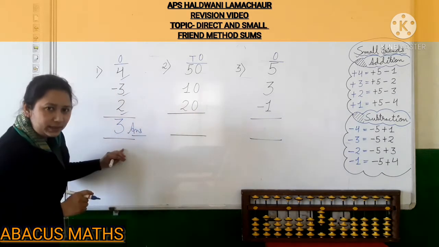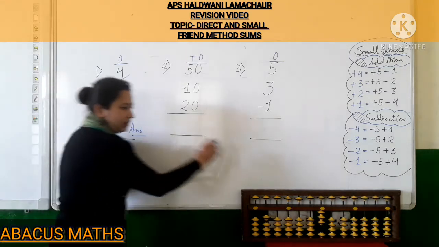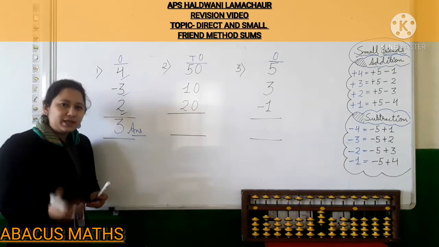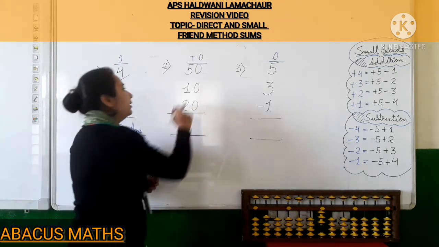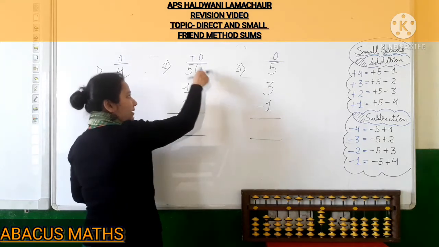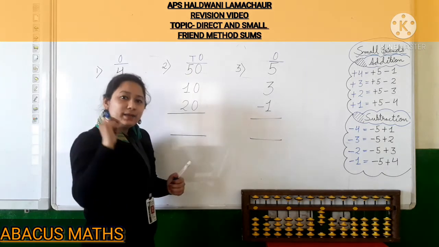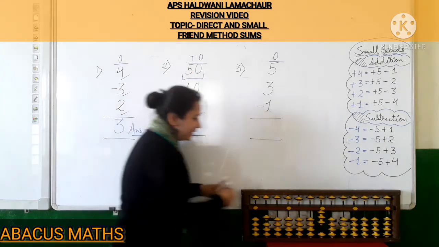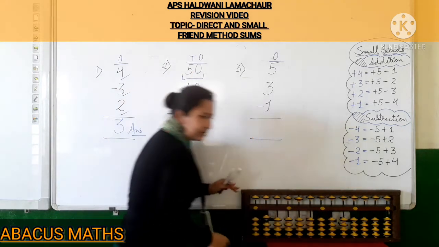See, for solving this in the exam you can use the tool and you can use your own method also for addition and subtraction. Now next, it is a two row sum, ones and tens, but add them directly. Directly means together. Set your abacus, upper beads up, lower beads down.